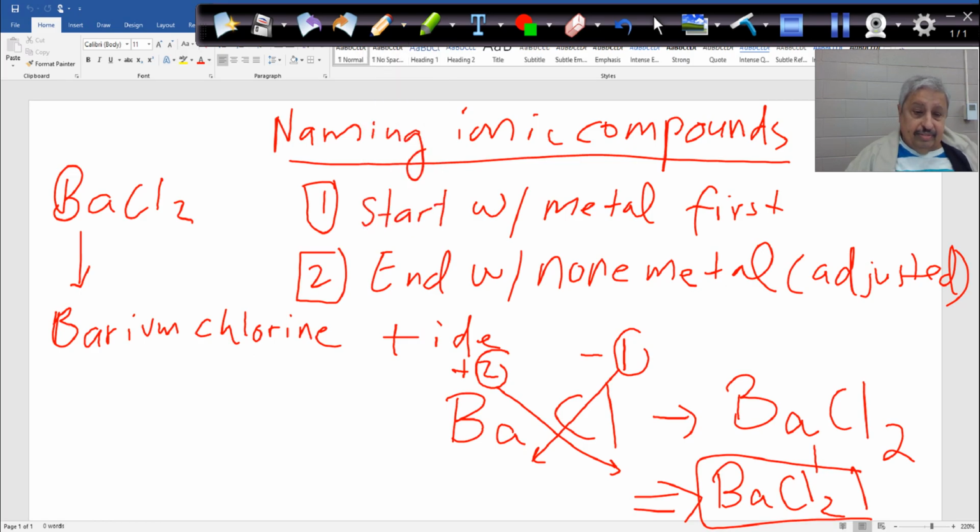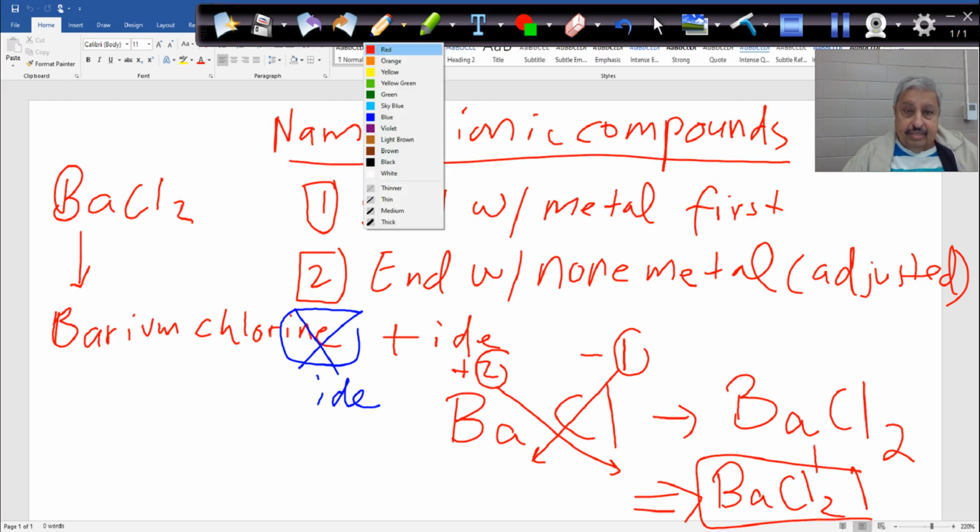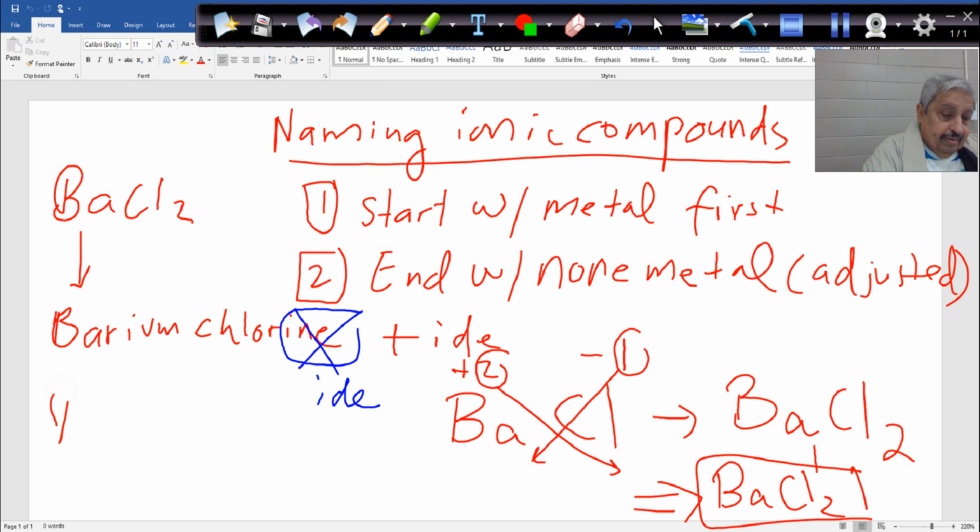We take the INE off the end and add IDE to it. So barium what? Chloride. Barium what? Chloride. So the name of it is barium chloride, correct?